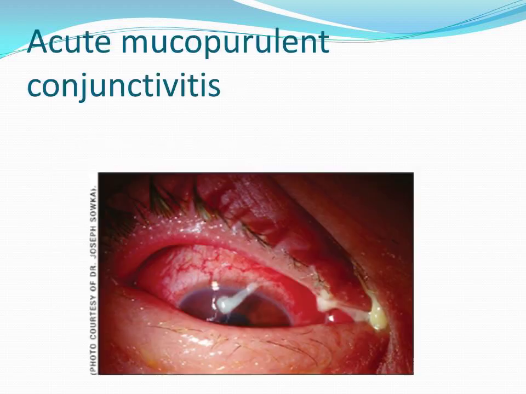This is the picture of acute mucopurulent conjunctivitis. In this picture we can see a mild edema, matting of the eyelashes, conjunctival congestion, presence of mucopurulent discharge at the medial canthus and the cul-de-sac, and the cornea looks clear.